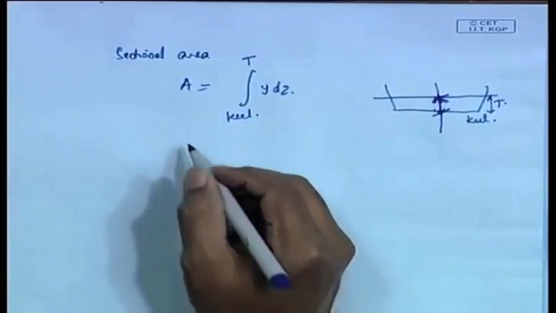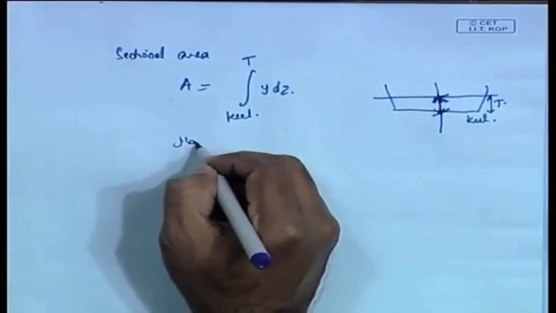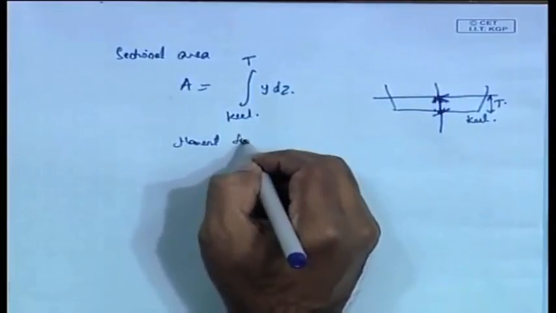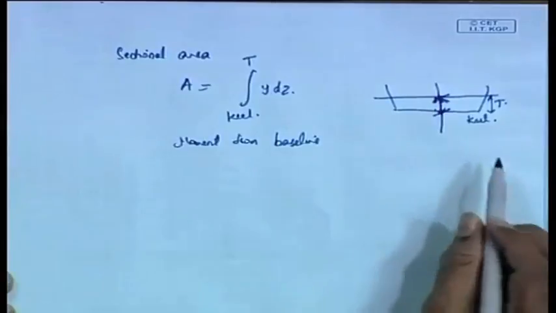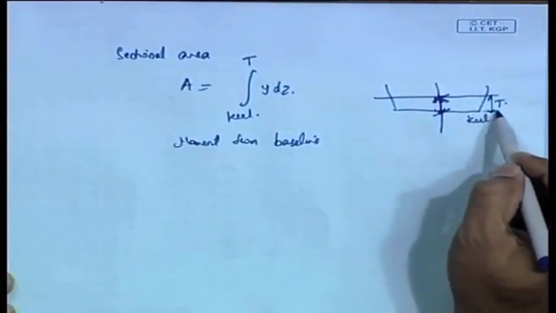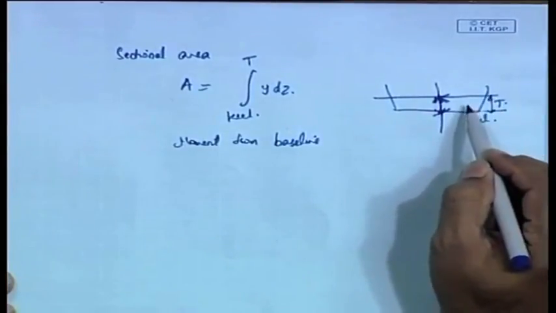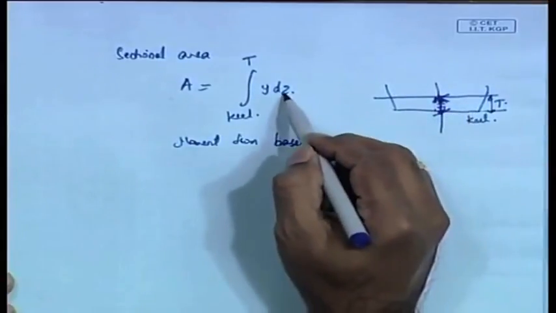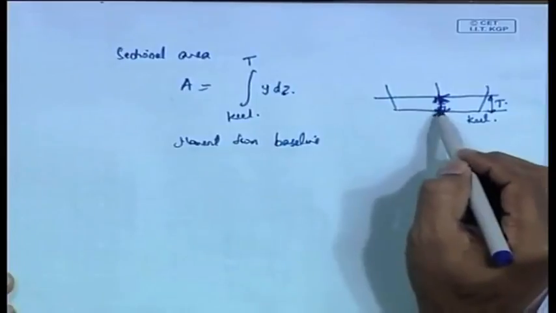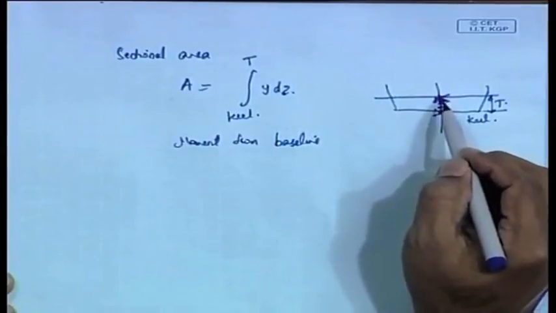Now, we can also have another thing which is the moment from baseline. This represents the moment that you take about the baseline for each of these. So, what have we done? We have divided this into different delta t's, that is what this dz stands for.